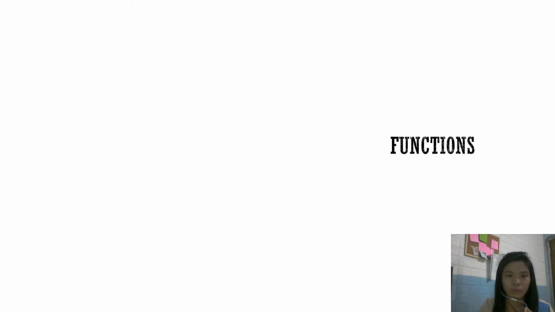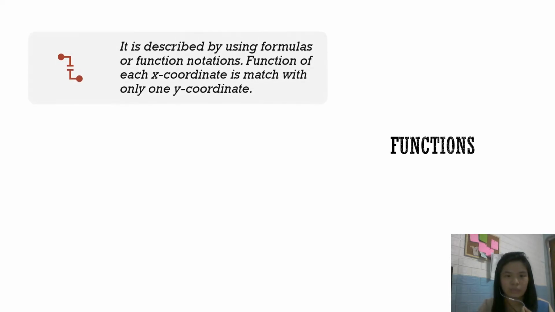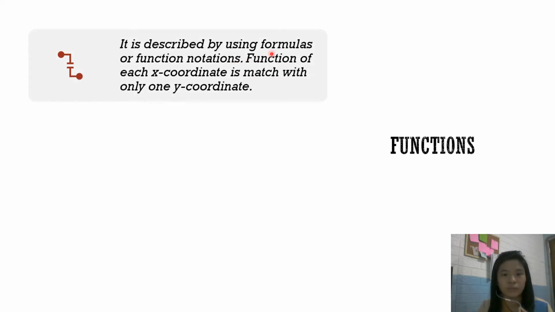Before we go to the concepts of functions, let's first define what a function is. A function is described by using formulas or function notations. In a function, each x coordinate is matched with only one y coordinate.